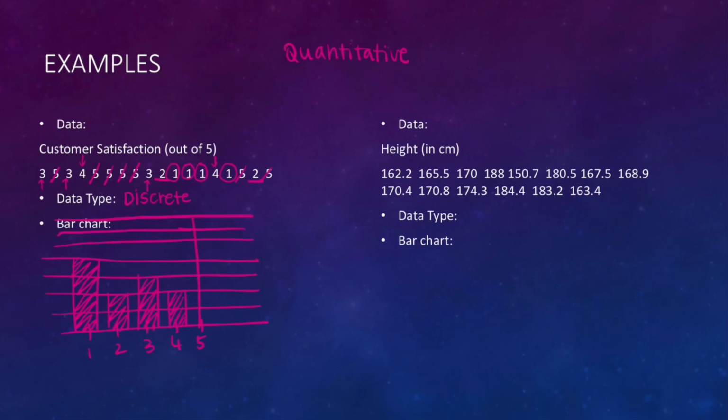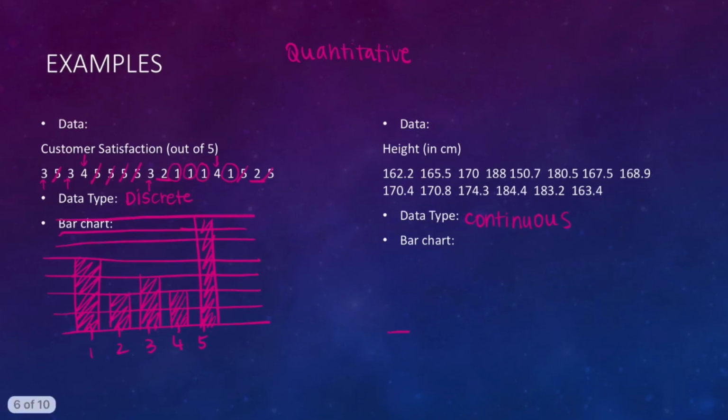So this would be a bar chart for my discrete data. You can still use a bar chart even if you don't have discrete data. In this next one, I have some heights given to me in centimeters. This would be continuous because there are no gaps. You can have anything in between.